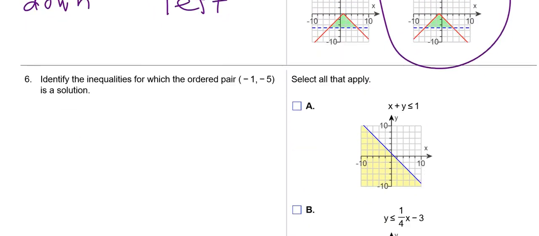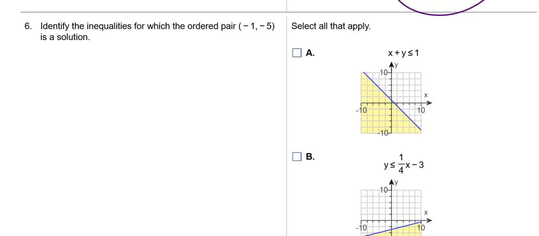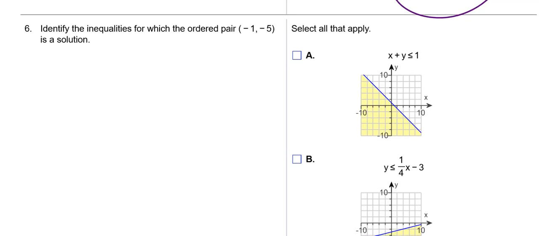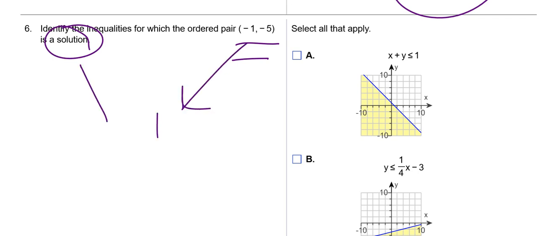Okay, now what does it mean when we say that something is a solution to a system? What does it mean when it says that this point is a solution? What does that mean here? Inside where? The shaded area.